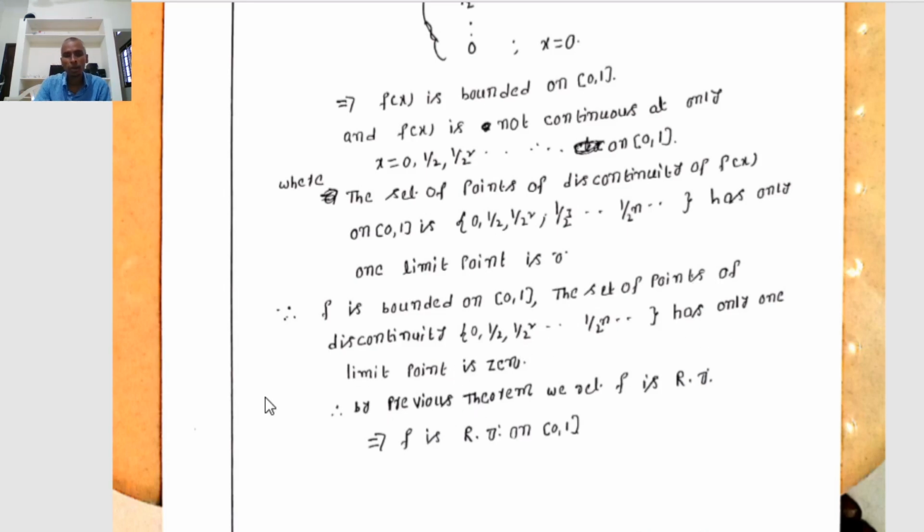Therefore, by the previous theorem, we know f is a bounded function on [0, 1] with an infinite number of points of discontinuity, but it has a finite number of limit points. That implies, by the previous theorem, that f is Riemann integrable on [a, b].